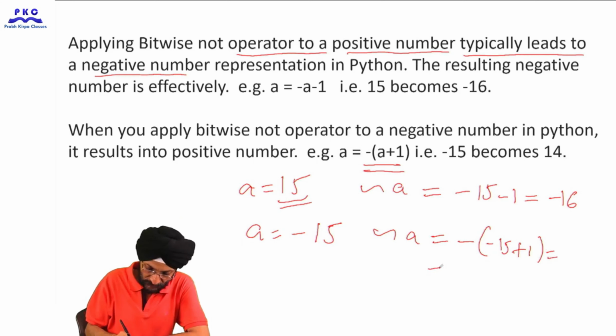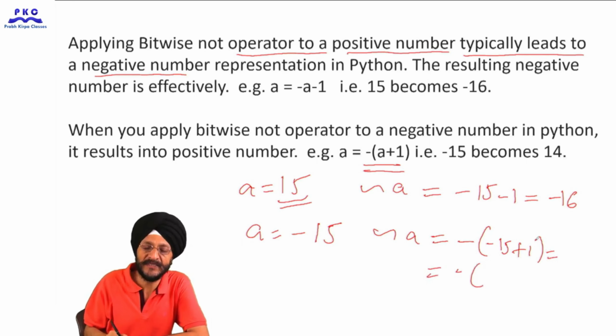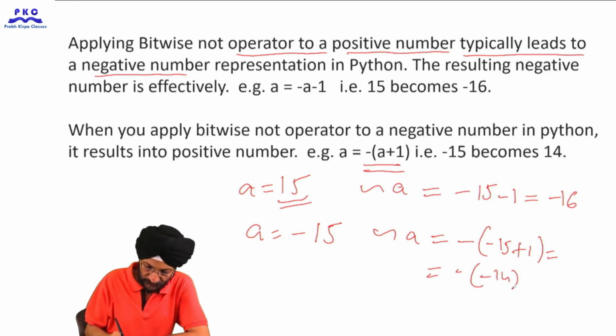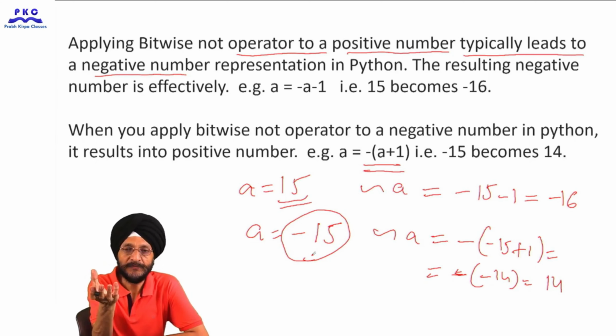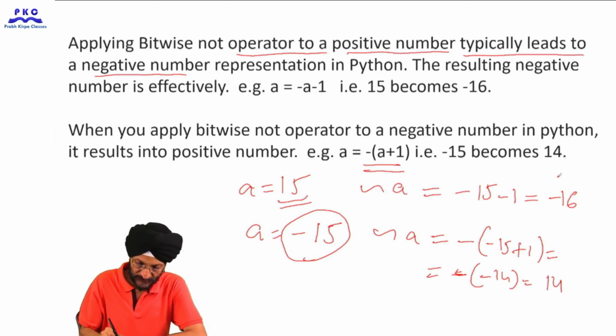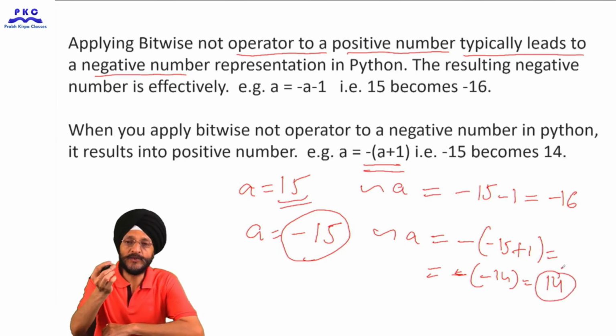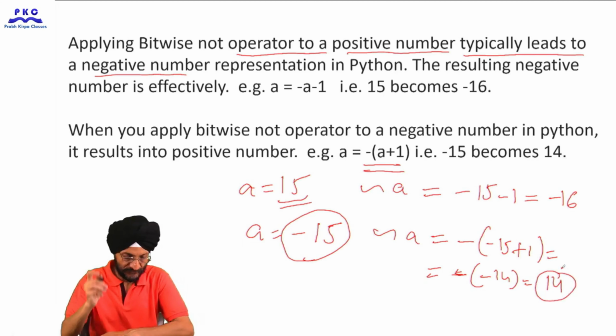Firstly, we will solve what is inside the parenthesis. It will become minus 14. Minus minus will become plus, and the answer will be 14. So when the decimal value is negative, it will become positive, and it will also reduce by one.